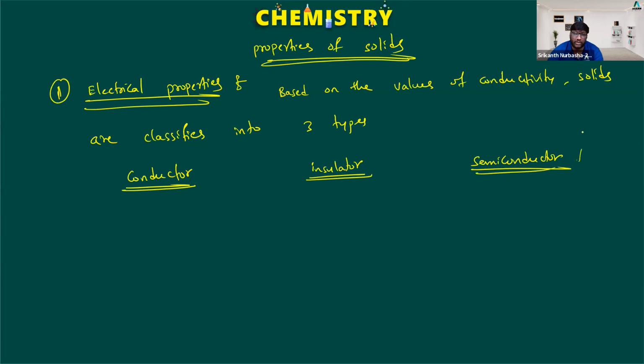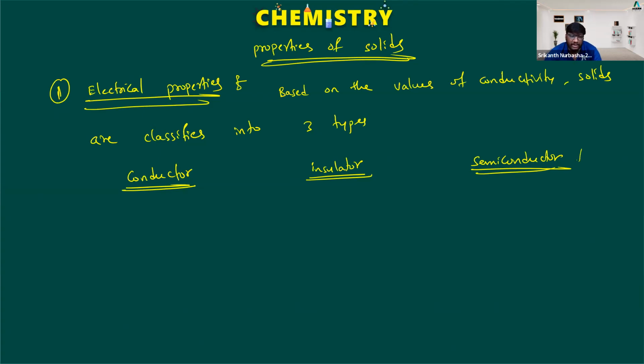Conductivity is very high for conductors, very low for insulators, and for semiconductors it lies between the conductors and insulators. Insulators are not going to conduct electricity, and for semiconductors the conductivity will be between conductors and insulators.